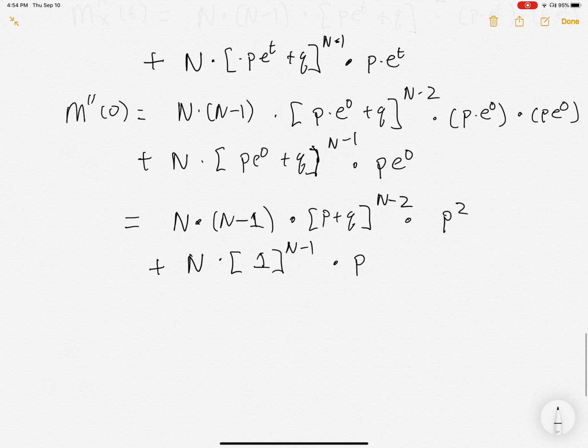So now we have more simplifying. This will be n times (n-1) times p squared plus n times p.